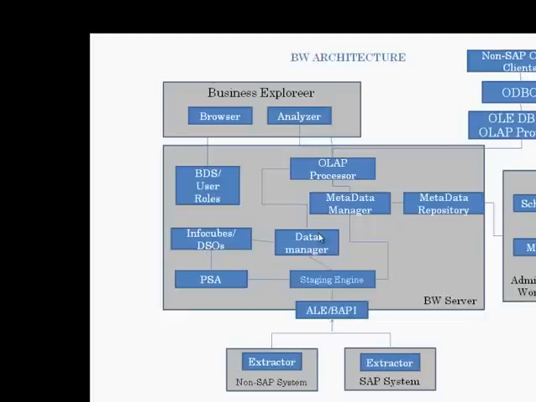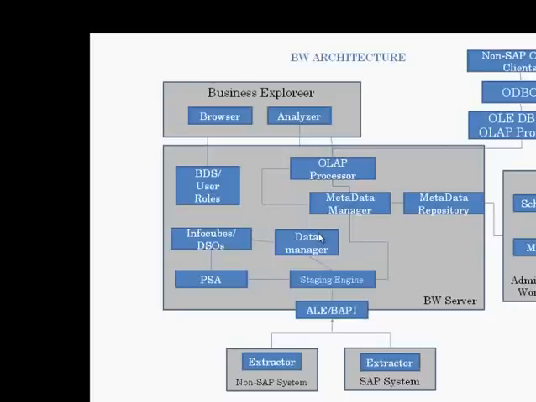Data will be loaded to the staging engine, PSA. Basically staging engine means PSA. Here you can get the source data in the source system format in PSA, and from that the data will be transformed and cleansed and transferred to the InfoCubes or DSOs, which are data targets.